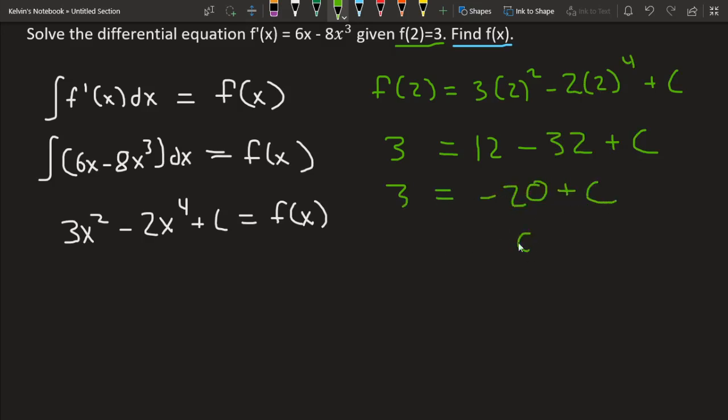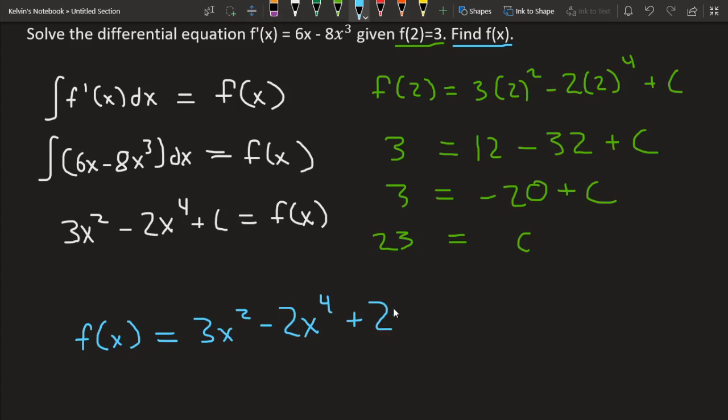So we end up getting that c is equal to positive 23. And for our particular solution, we get that f of x is equal to 3x squared minus 2x to the fourth plus 23.